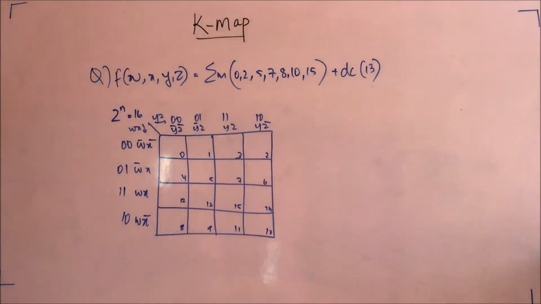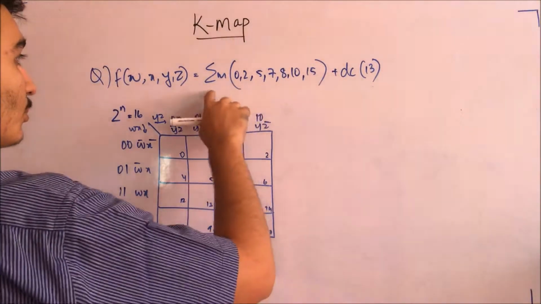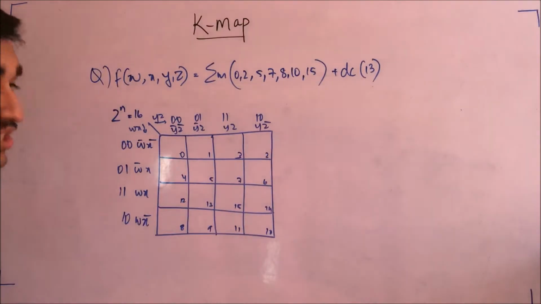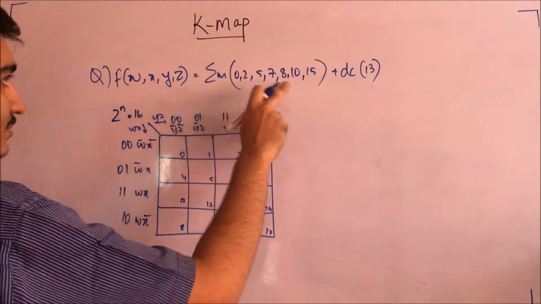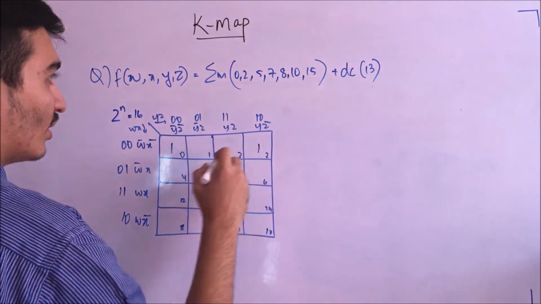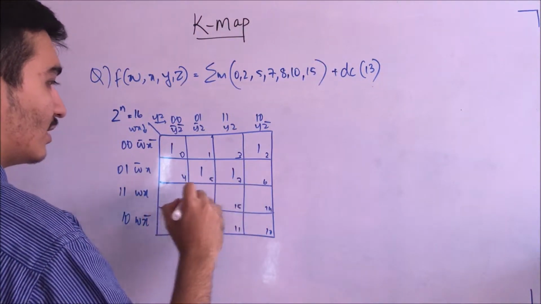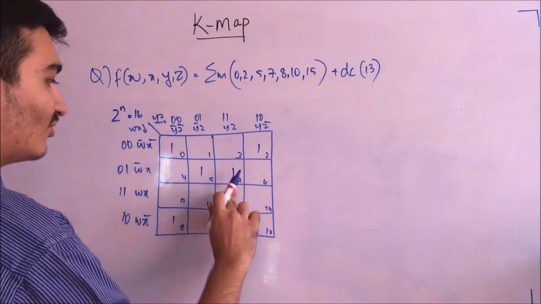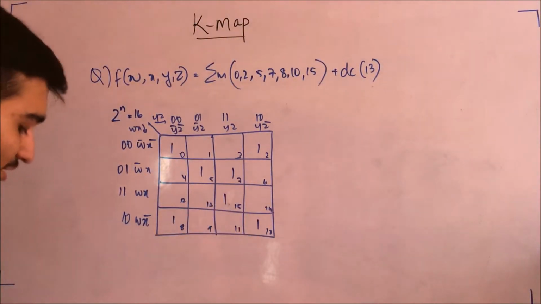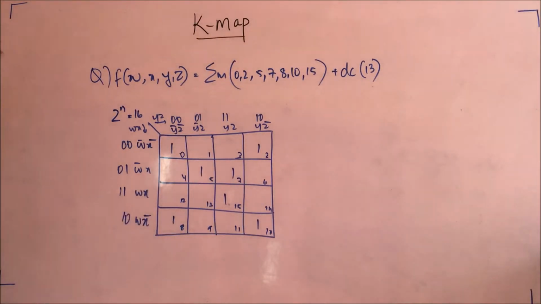So now that I've numbered the cells within my K-map, let me plot these minterms onto the K-map which are given to me in the function. As you can see in this particular question, I have minterms in 0, 2, 5, 7, 8, 10 and 15. So in these particular cells, I have the minterms according to the question.